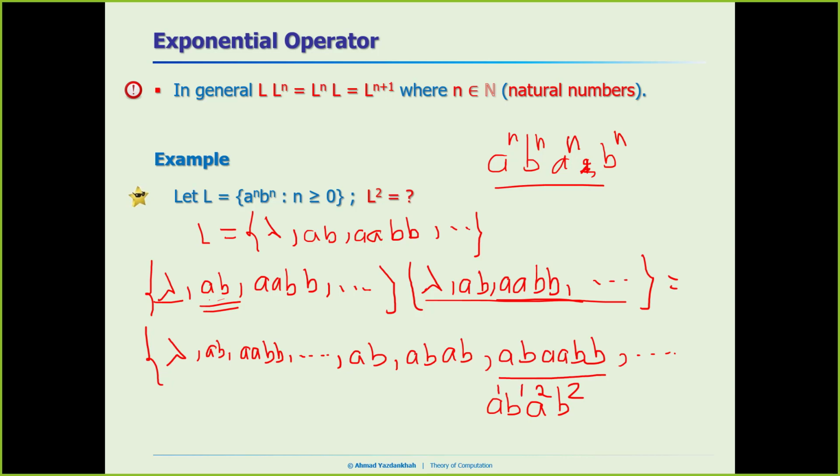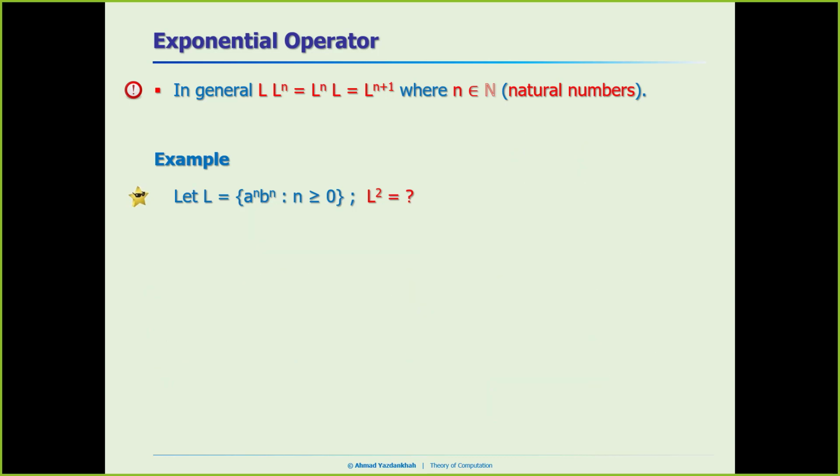So it should be like this, a to the m, b to the m. It's not the case that these are always equal. These two are independent of these two, all right? So this would be the pattern.